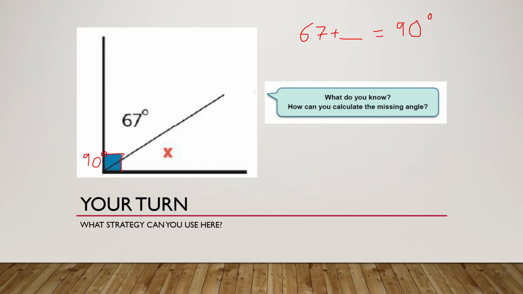Or we could do it the other way and say, right, I've got 90 and I'm not interested in this bit, which is 67. So I'm going to say 90, taking away 67. What am I left with? Once again, we can't do 0 take away 7, so we're going to regroup that. And we're going to say that is 3, and that is 2, so it must be 23 degrees.